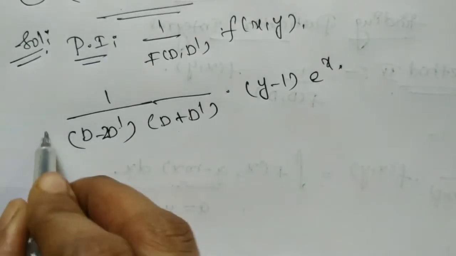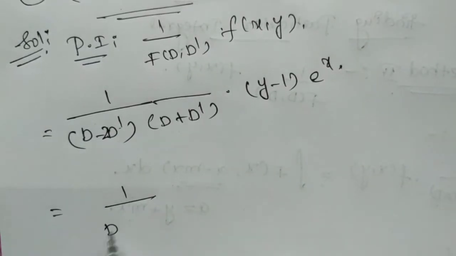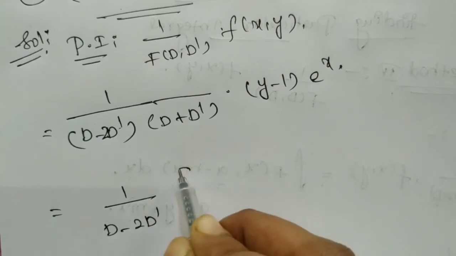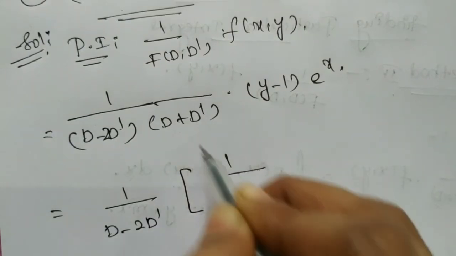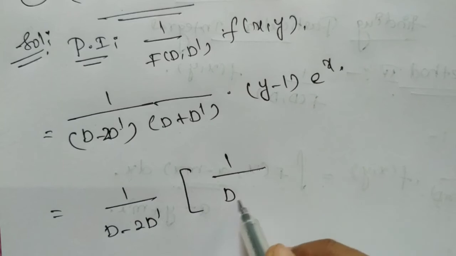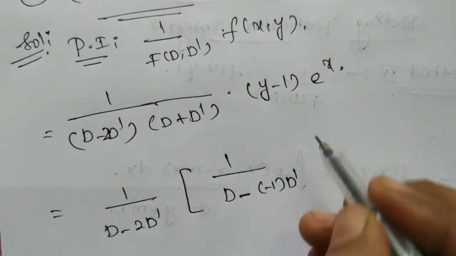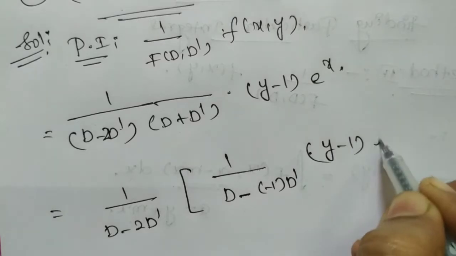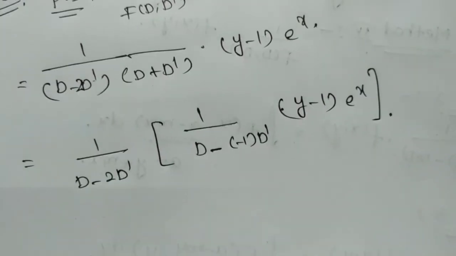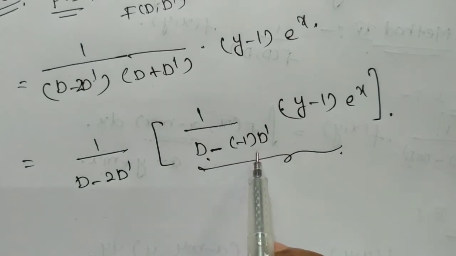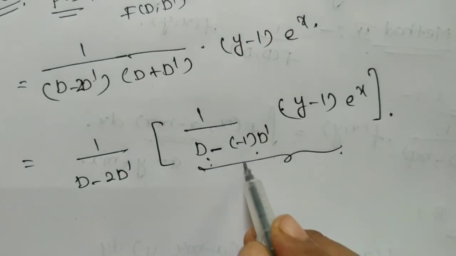So I am writing this as 1 by D minus 2D dash into 1 by D plus D dash, which can be written as D minus of minus 1 into D dash, acting on y minus 1 into e power x. This is in the form of D minus mD dash, so it belongs to rule 1.